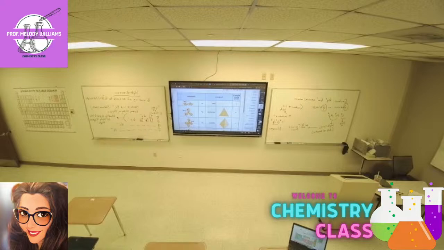So 1 S orbital plus 1 P orbital blend. Notice all of these are going to have 1 S orbital, right? 1 S orbital plus 2 P orbitals blend.